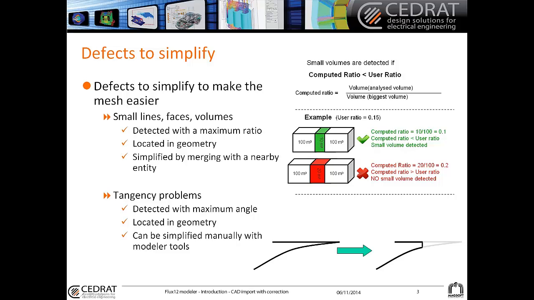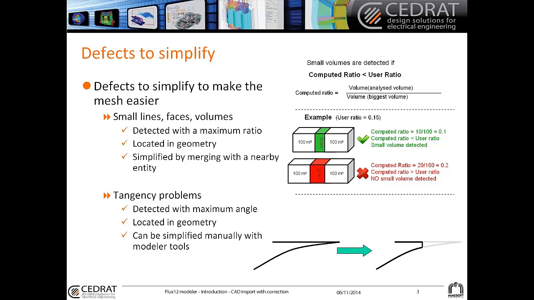The computed ratio is 0.1, and so the computed ratio is lower than the user ratio, so the small volume is detected. In this case, we have a volume which has 20 cubic meters. The computed ratio is 0.2, which is higher than the user ratio, so the volume is not detected as a small volume.